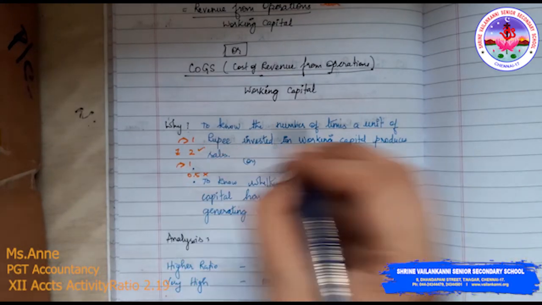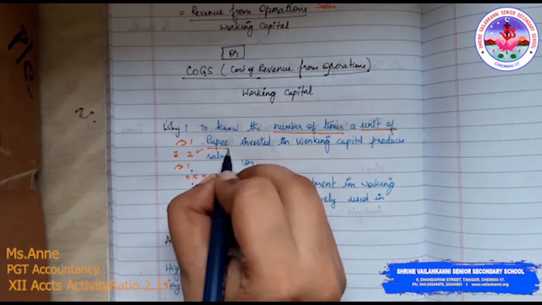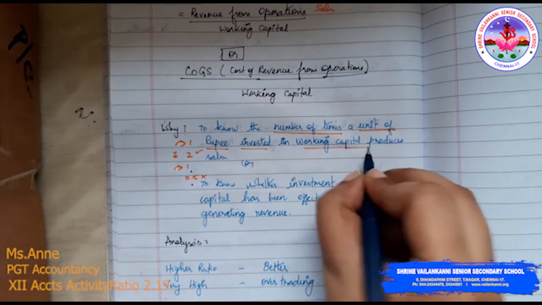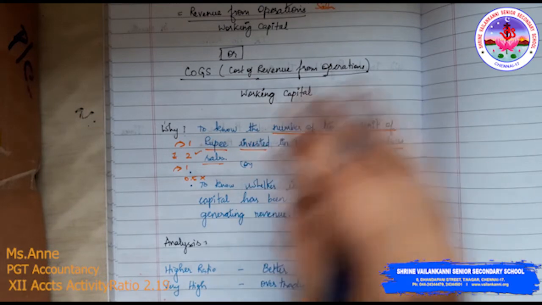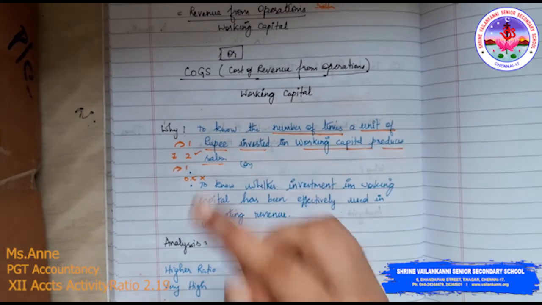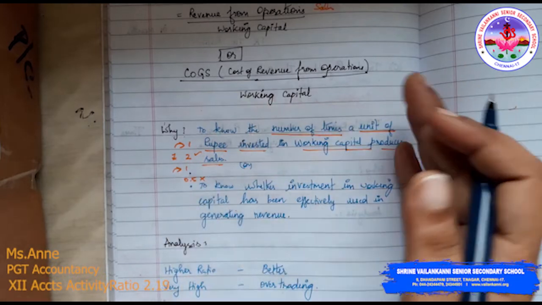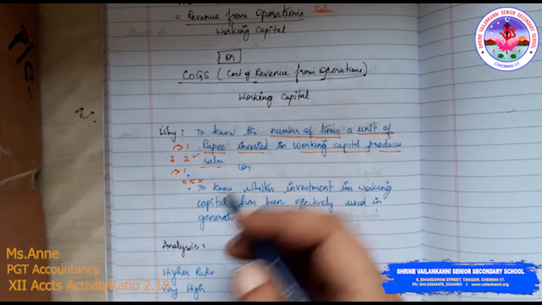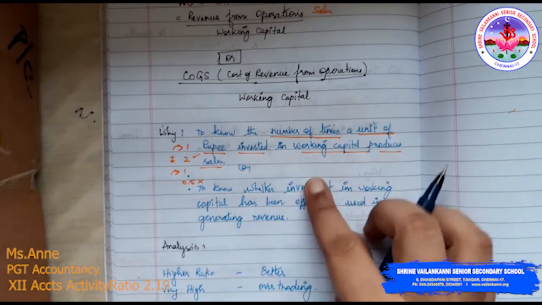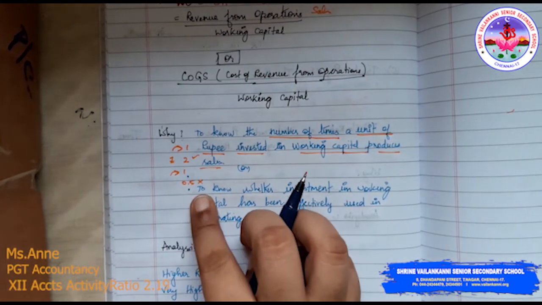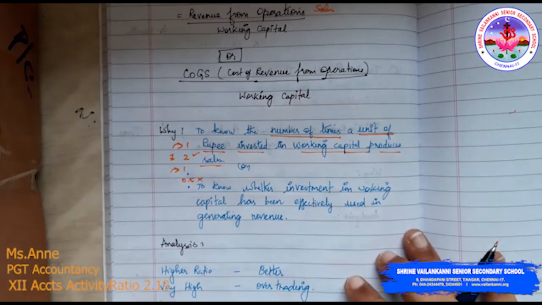So it tells us how many times a unit of rupee invested in working capital produces sales. If it happens 3 times, 4 times, 2 rupees extra is given to you, so it is a good transaction. Suppose you invest 1 rupee and it gives you only 0.5, then it is a bad investment, and your working capital will be in a very bad situation.